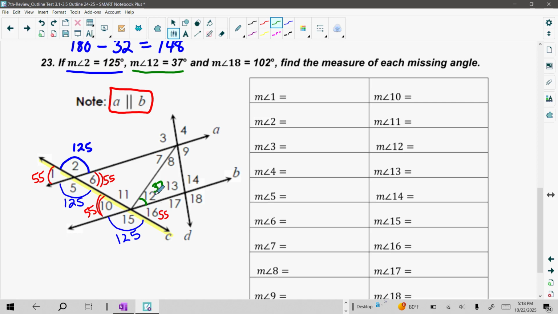Angle 12 is made, I'm just going to use a different line here, with this side and line B. And B and A are the parallel lines. So if I'm using my blue line here as a transversal, I'm hoping you can see there is another congruent angle with that transversal. There's an alternate interior angle right here. 12 and 7 are alternate interior with the transversal between A and B. So 7 also would be 37.